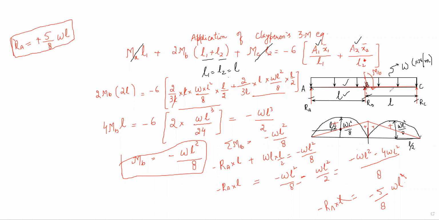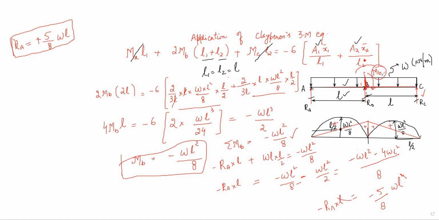Now we have to obtain the reaction at C. How will we do it? We'll take the next section of the beam into consideration and again take the moments about point B. When we took the left section into consideration, at that time we said MB is equal to how much? Minus WL square by 8.